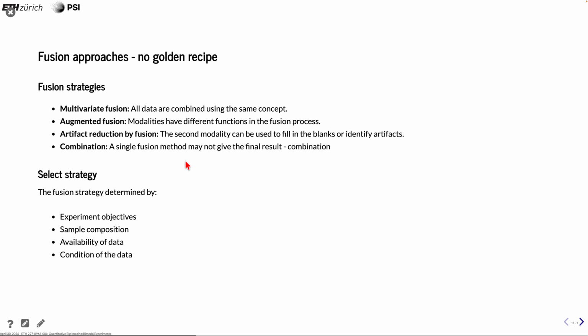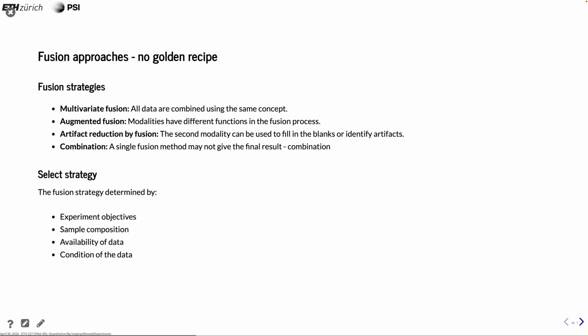Exactly how you choose the fusion strategy depends, first, on the experiment objectives and the sample composition: what can the sample actually deliver in view of the different modalities. Availability of data can also be a criterion: what kind of data do you actually have available, or what method can you provide?